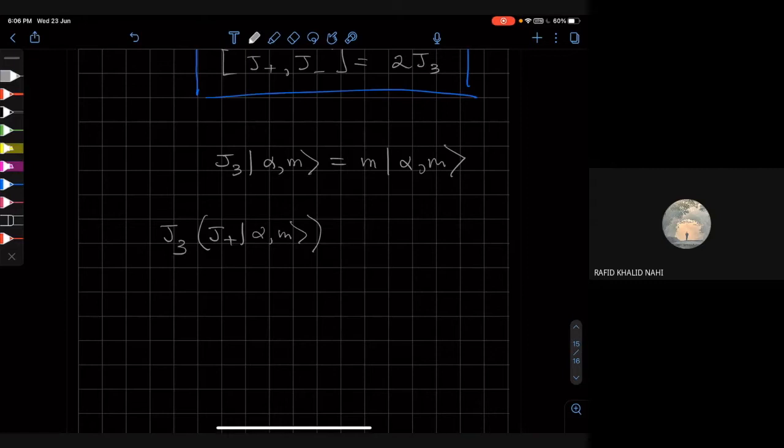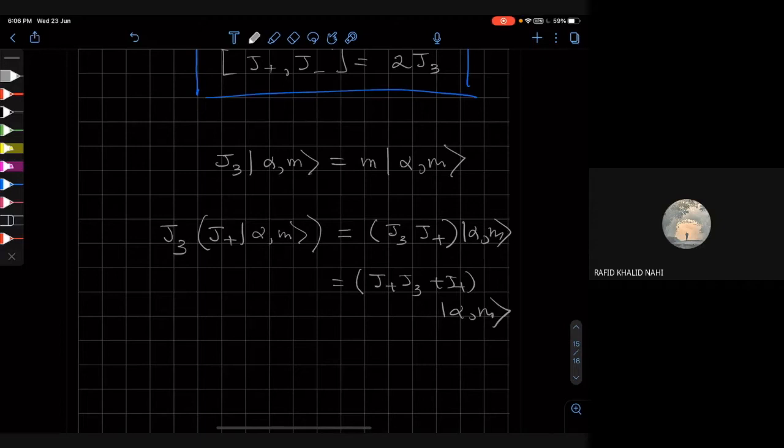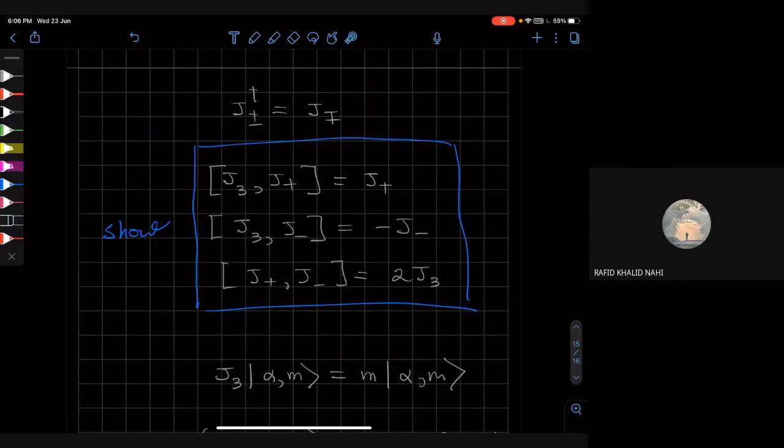So how do we do that? Well, we use the fact that things in quantum mechanics are not commutative, but they're associative. So we can write this as J3 J plus alpha M. And we use the commutation relationship, and this is going to give me J plus J3 plus J plus, times alpha M. So we are using this first one.